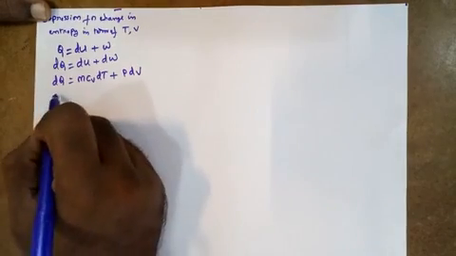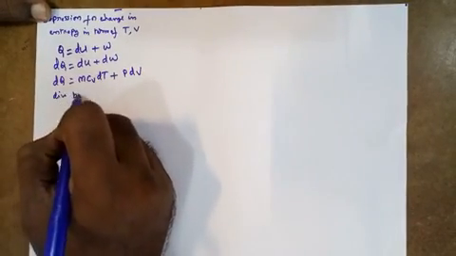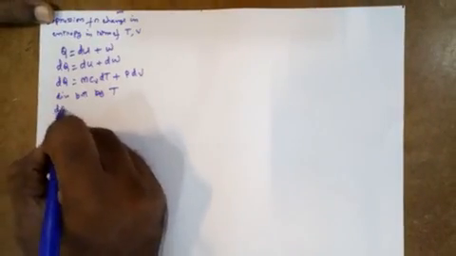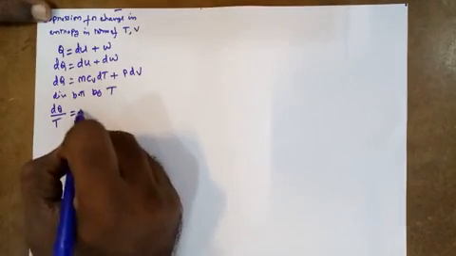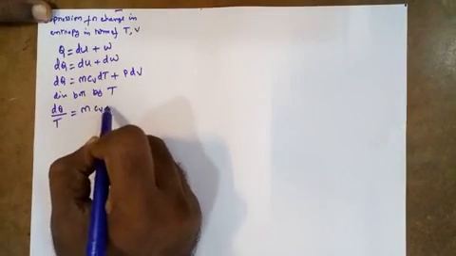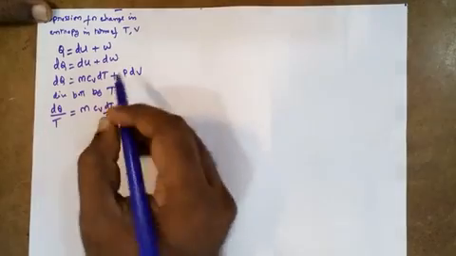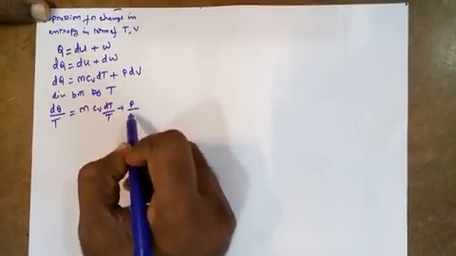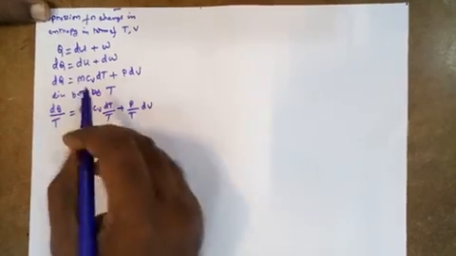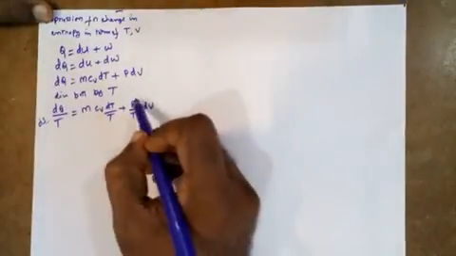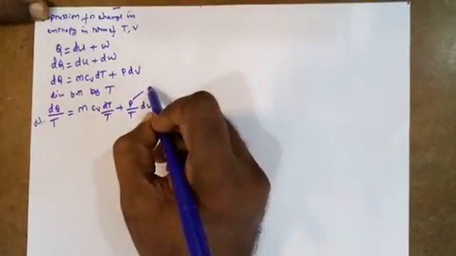Dividing both sides by T, that is dQ by T is equal to m Cv dT by T plus P by T dV. Here you can write dQ by T as dS and P by T as mR by V.